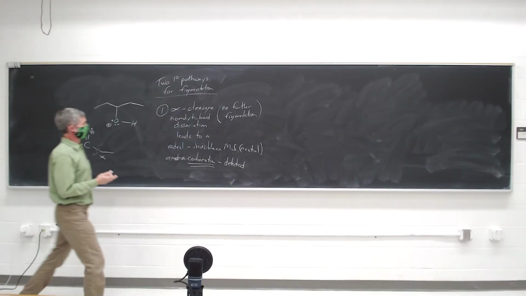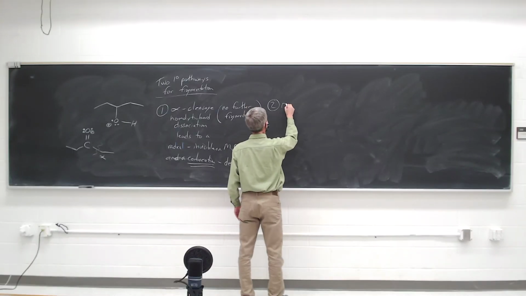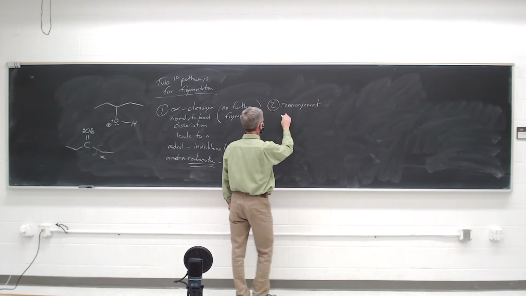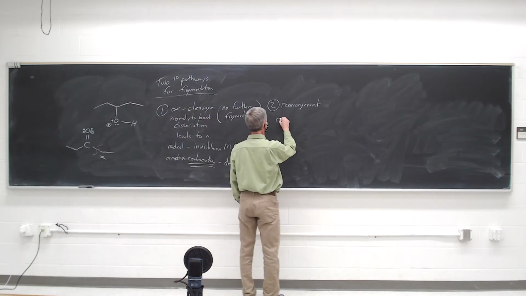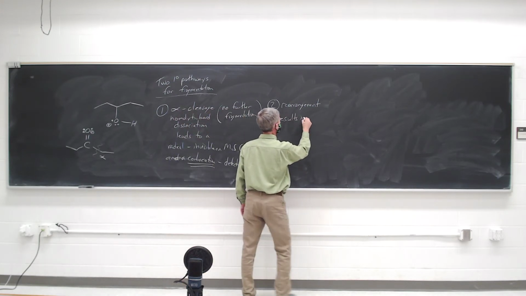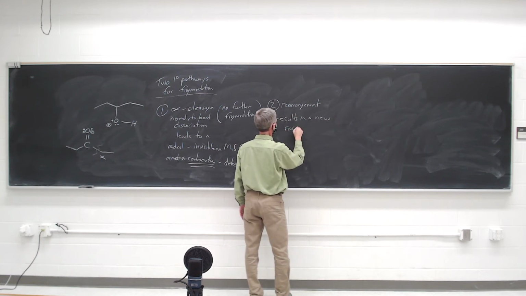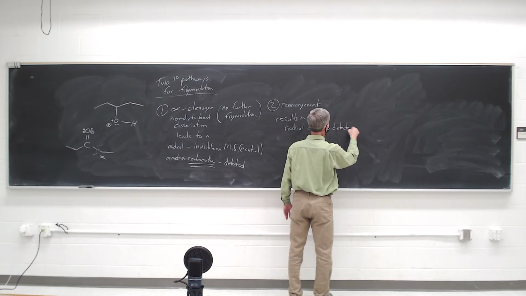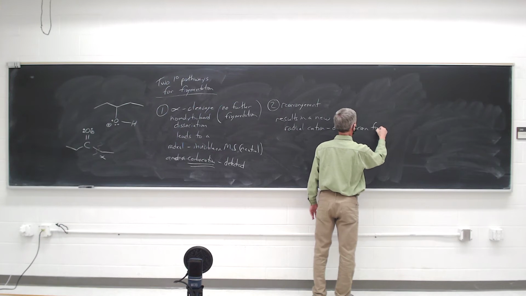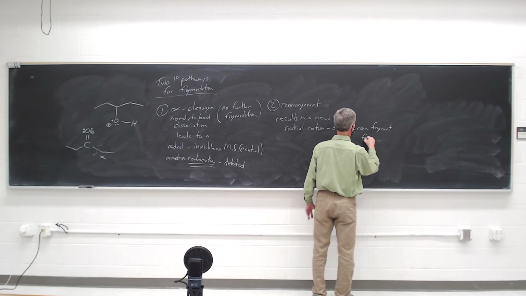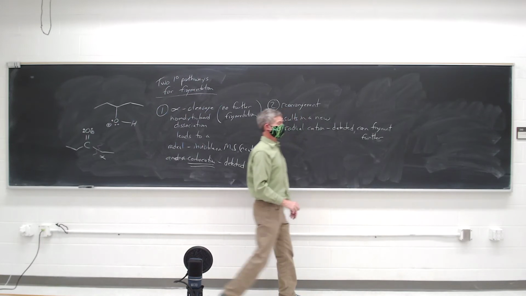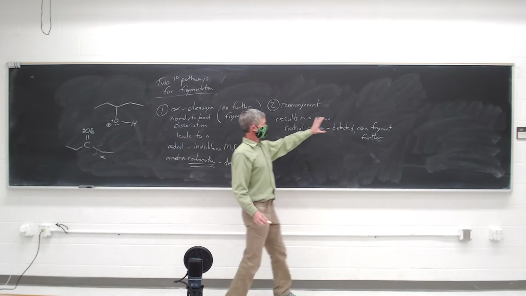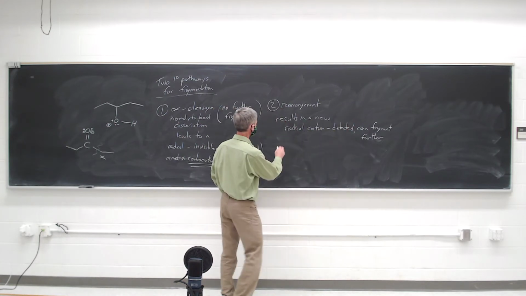The second pathway is a rearrangement. The rearrangement results in a new radical cation, which can fragment further. So you'll see the fragment, and then you'll see daughter fragments. We call them daughter fragments, I don't know why, that result from fragmentation of the first fragment.